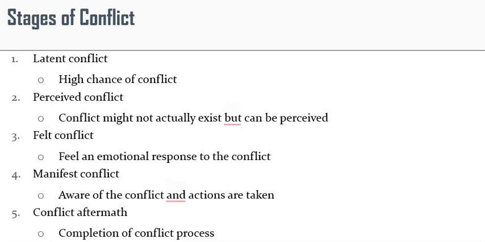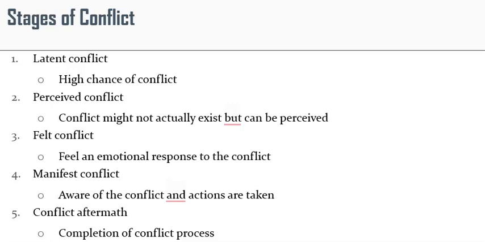And then the last stage, or stage 5, is conflict aftermath. Conflict aftermath is the completion of the conflict process and can be positive or negative. For example, a positive conflict aftermath would be the nurse manager and nurses on a unit are satisfied with the newly revised scheduling system and feel valued for being included in the conflict resolution process. Now let's talk about a negative example.